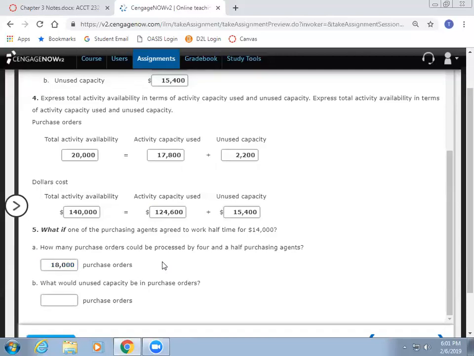So there you're truly just taking 4.5 employees times 4,000 purchase orders, right? Or however you want to get to it. So if one of our processors dropped down to half-time, what would be our unused capacity then? 200, good.